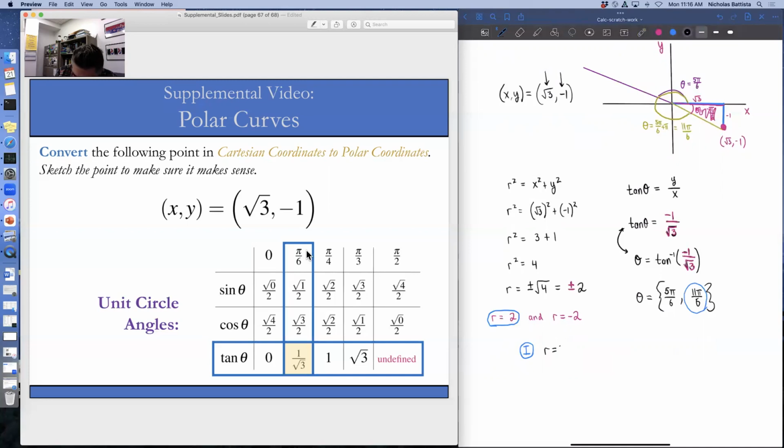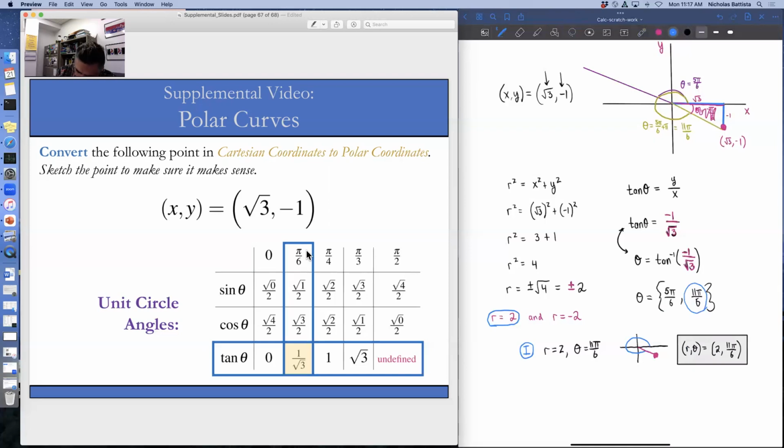Because if r is 2 and theta is 11 pi over 6, what that really means is, again, we're going to move at an angle 11 pi over 6. That places us in quadrant 4, and we move out a distance of 2. So it looks like doing those two combinations will place us at the right point. So one of the polar coordinate representations then is 2 and 11 pi over 6.